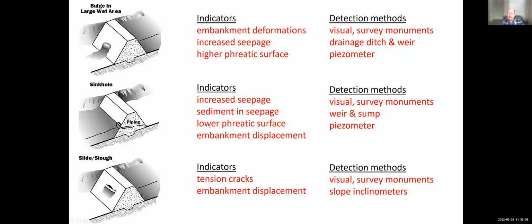We saw some examples earlier on how piping could actually lower the phreatic surface, and displacements. Of course, tension cracks and displacements. And there's the ditches and the piezometers and the sumps and the weirs, all those things. And of course, the visual shows up every time. So you actually can see a lot of things, but to complement your visual inspection, instrumentation can be used.